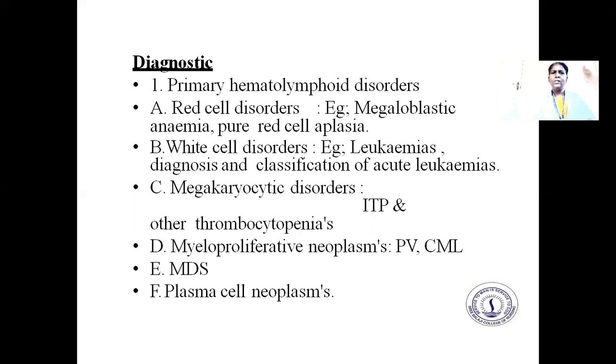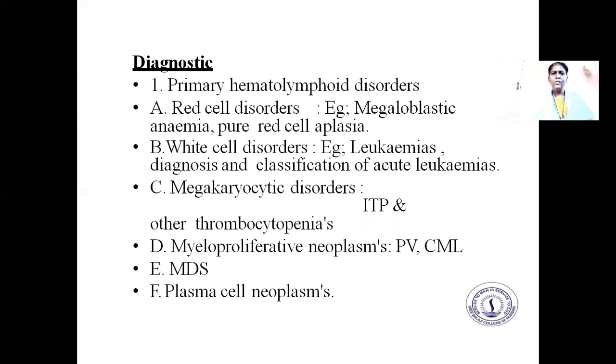B is white cell disorders, for example leukemias, diagnosis and classification of acute leukemias. Then C is the megakaryocytic disorders, ITP and other thrombocytopenias.